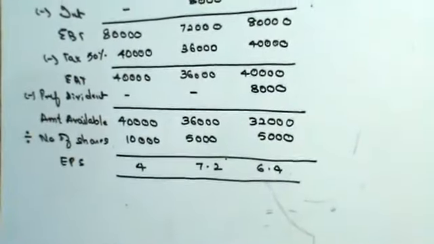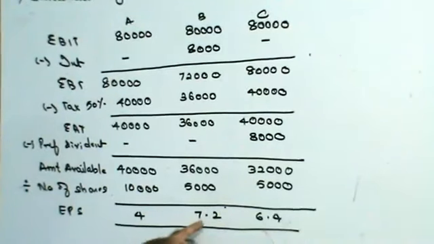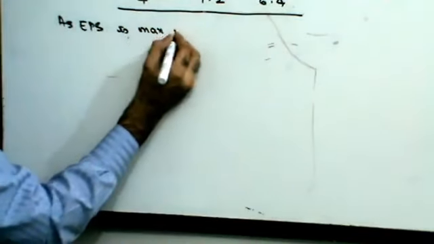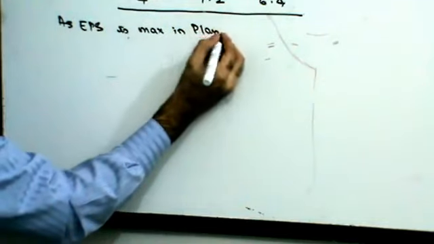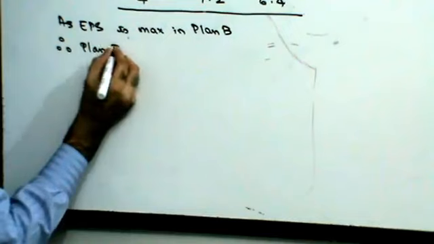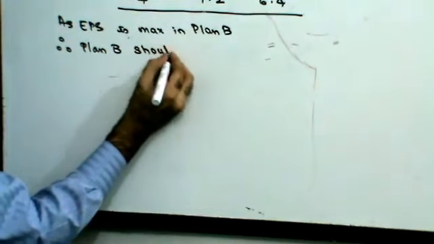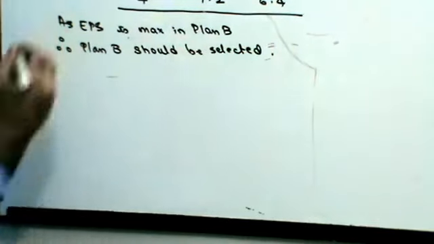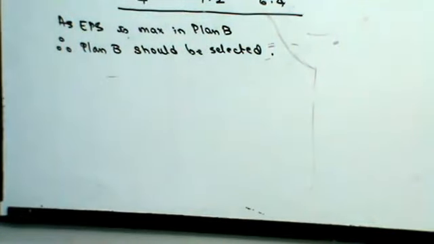So from an investor's perspective, the maximum earning per share is on Plan B, as EPS is maximum in Plan B. Therefore, Plan B should be selected. This is if you go as per EPS.